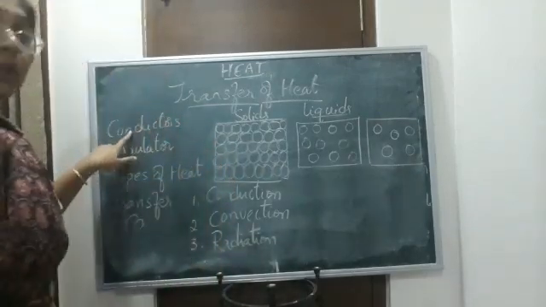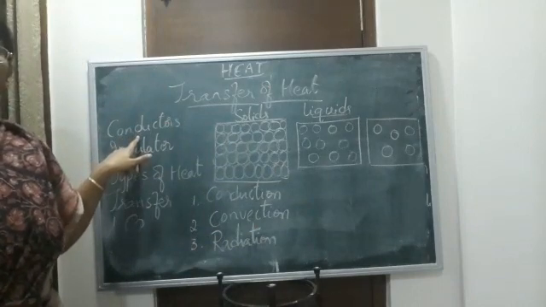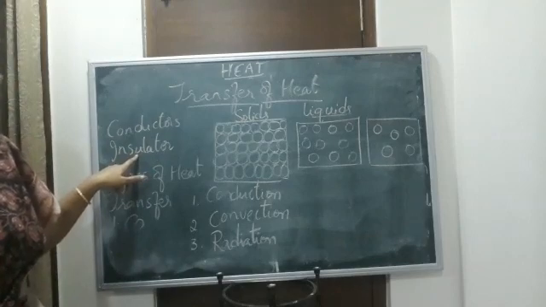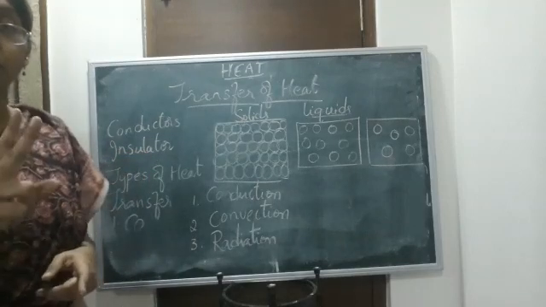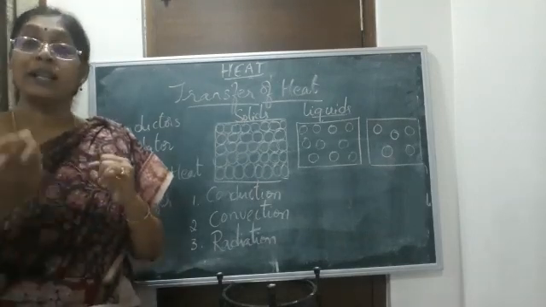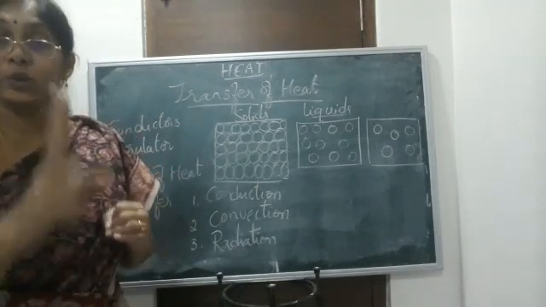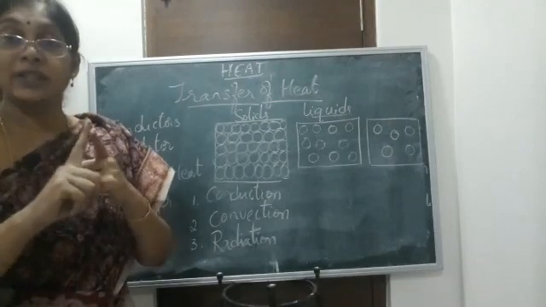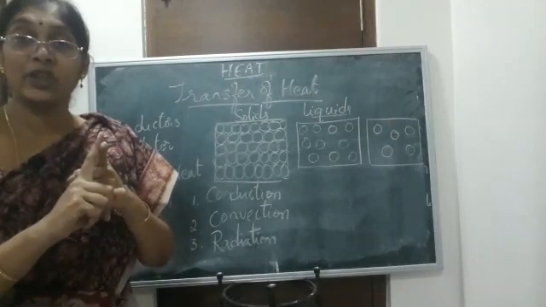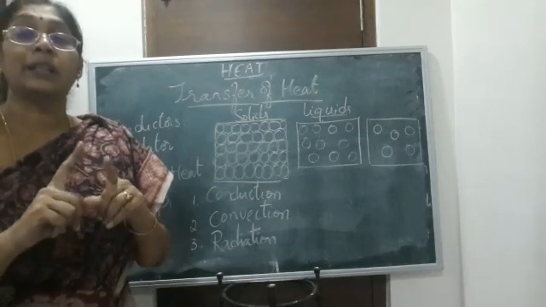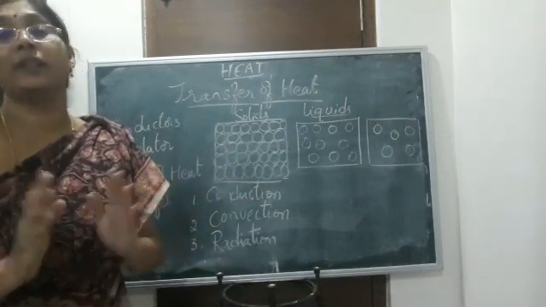So we have learned two new terms today. What are conductors and what are insulators? We have learned two things up to now. One, what are the conditions necessary for heat transfer to take place? There are two conditions that are required. The first condition is that the temperature of both the objects should be different.